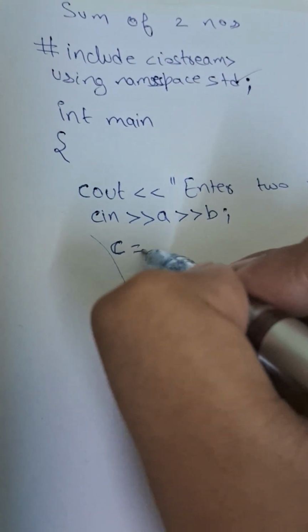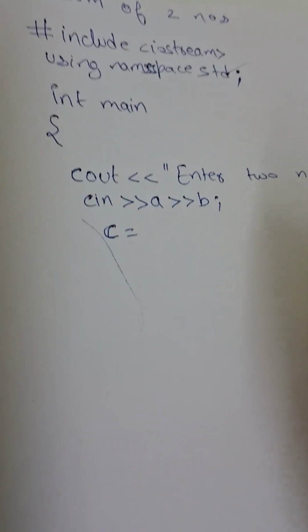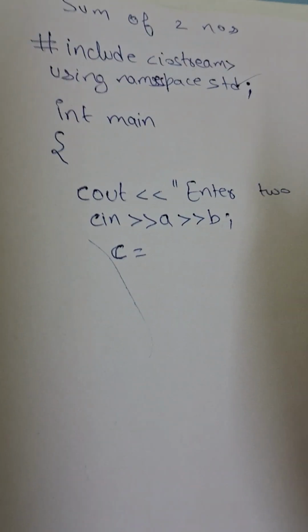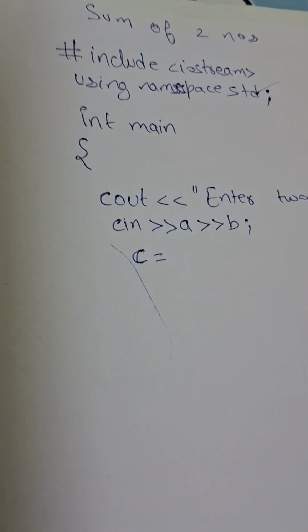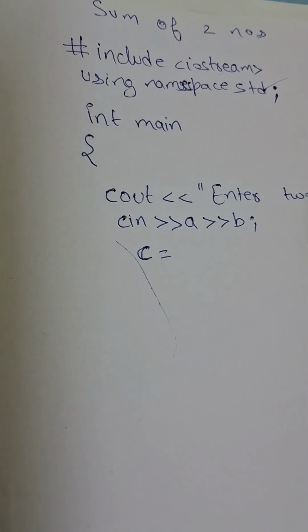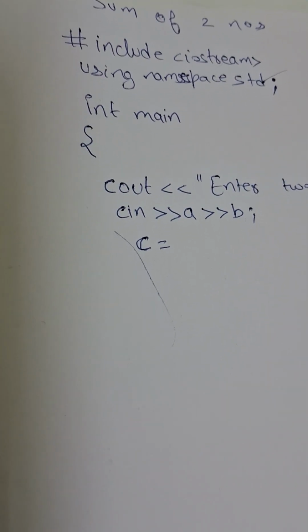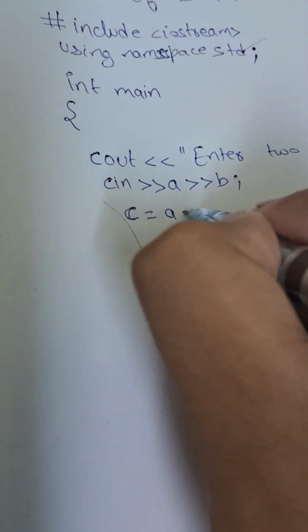Okay, and after that c is a variable. Now we use c to hold the sum of these two variables. If we don't use c, how do we know how our output comes? Okay, so c equals a plus b.